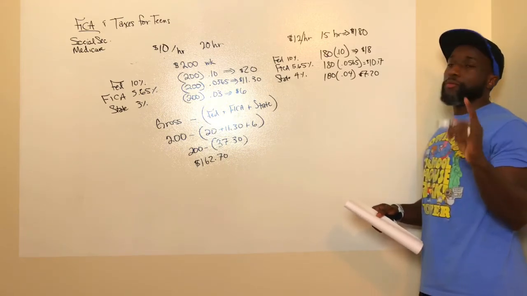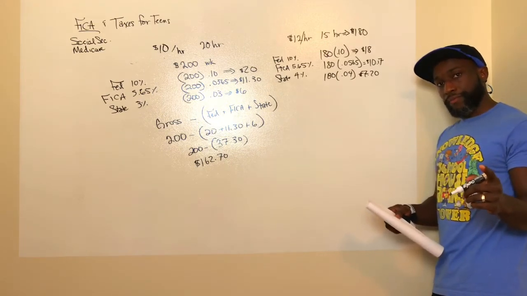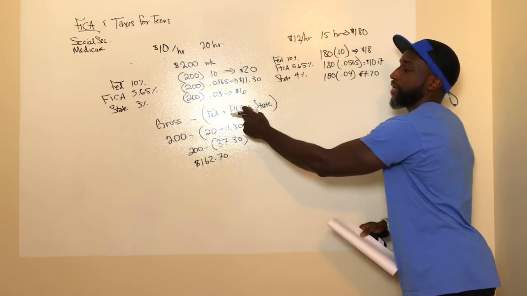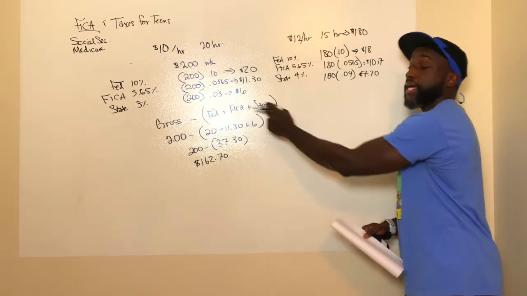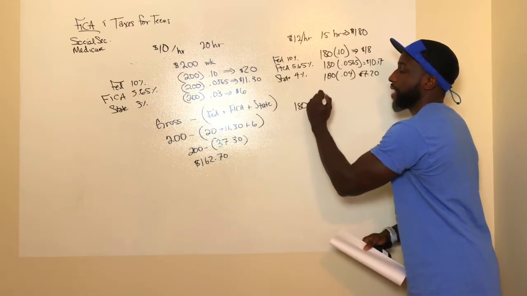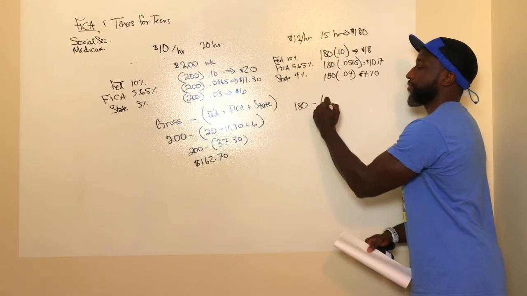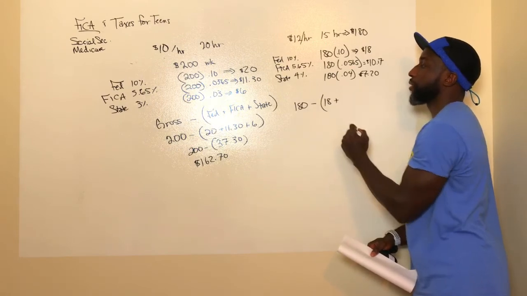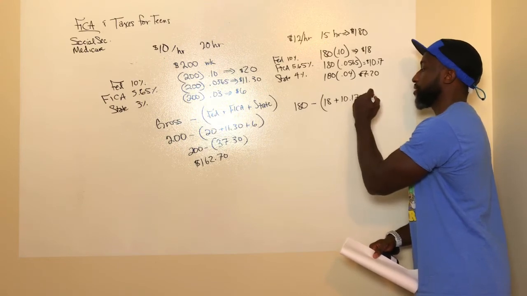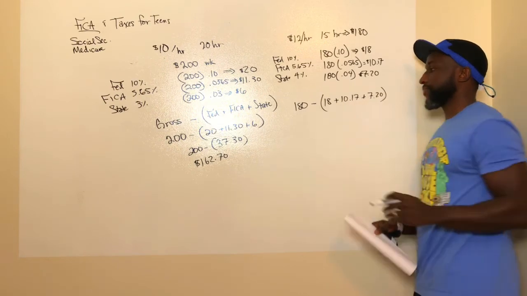Now, what's our net income going to be? Again, it's the same thing. The net income is going to be the gross minus the Fed, FICA, and the state taxes. All right. So it's gross 180 minus the federal $18 plus 10.17 plus 7.20.